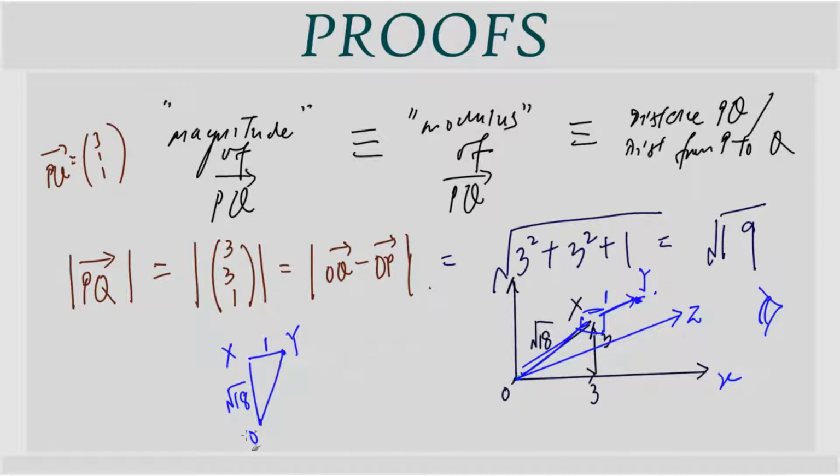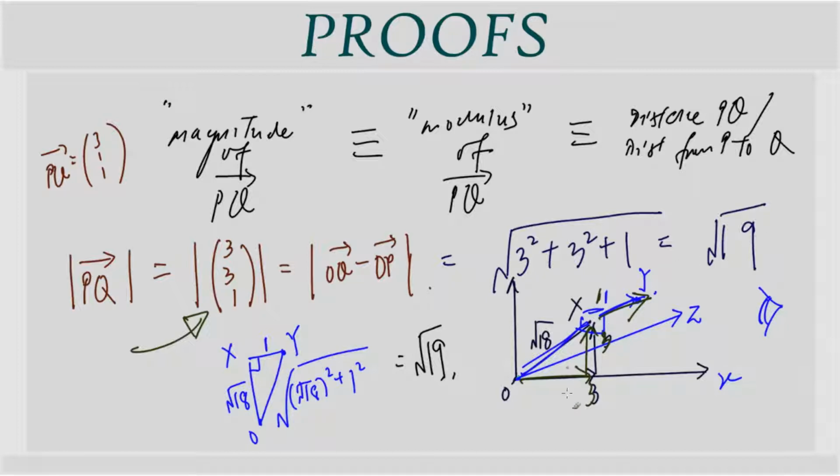So the length of OY is the square root of root 18 squared plus 1 squared, by the Pythagoras theorem, and that's equal to root 19. The length of the sides I used is the same as the components of this vector, because it's moving 3 units in the x direction, 3 units in the y direction, and 1 unit in the z direction. So in summary, the modulus of a vector is equal to the square root of the sum of these individual squares.